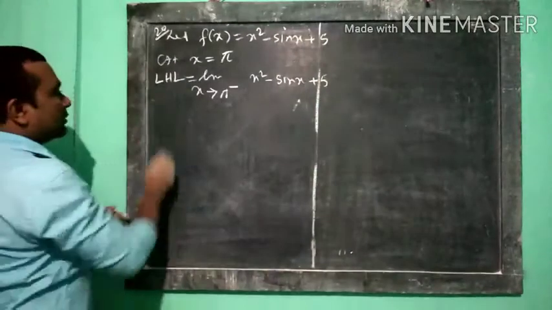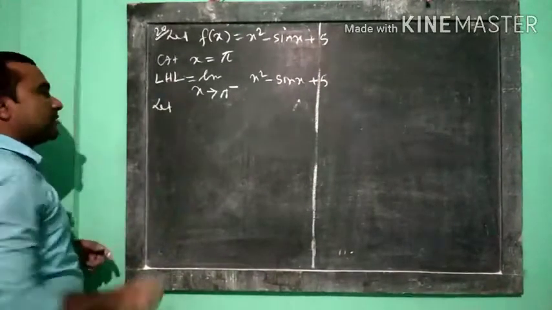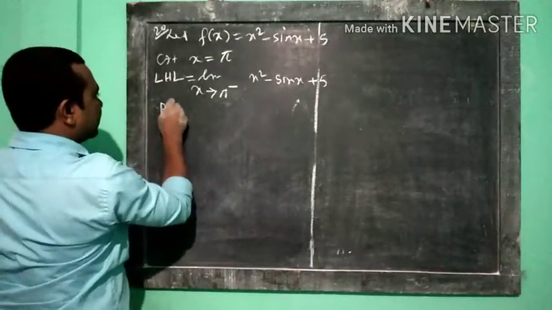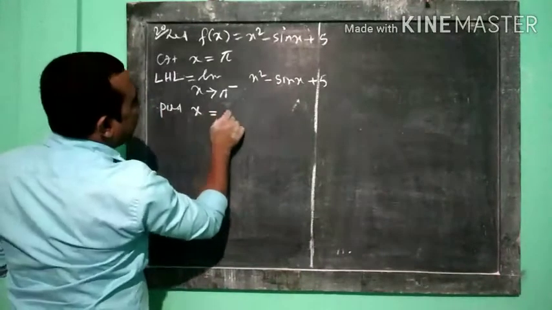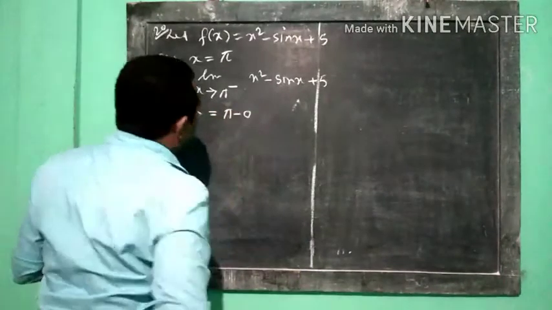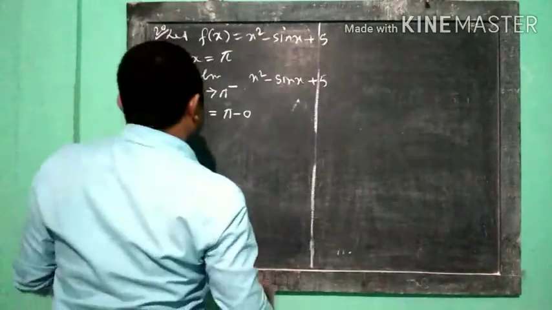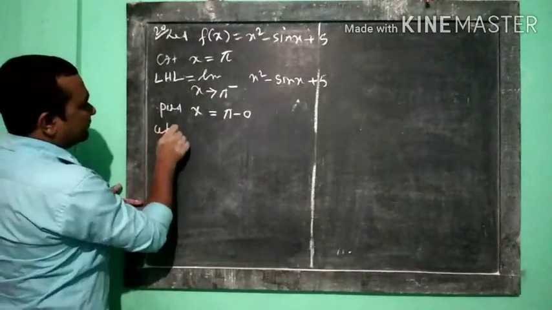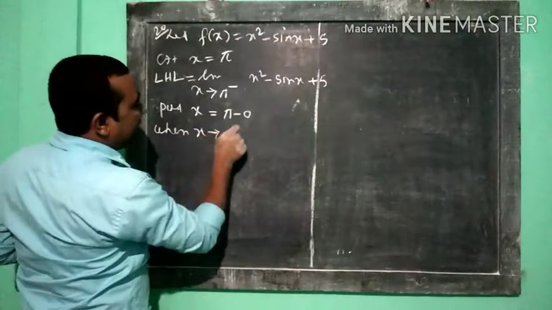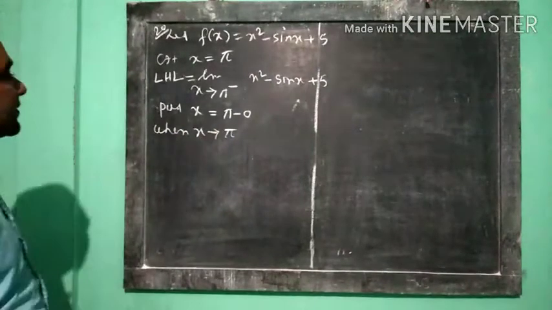Put x equal to pi minus h. When x tends to pi, h tends to 0.